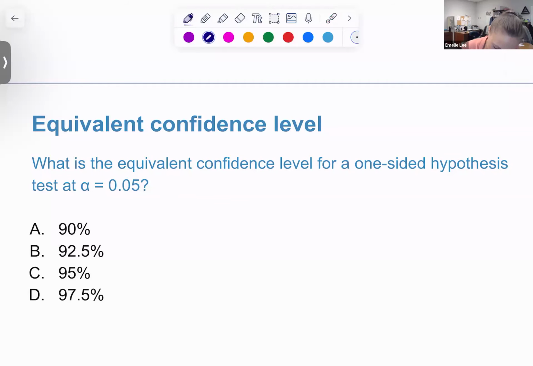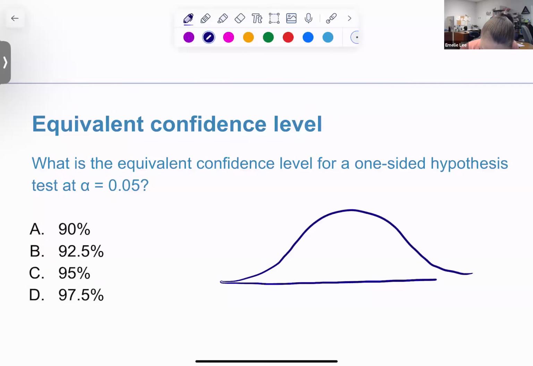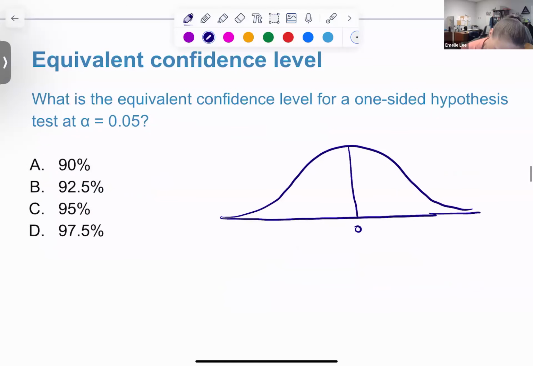When we made our one-sided hypothesis test centered on 0, we found a t here. T was negative 2.5066. And we used an alpha level of 0.05.